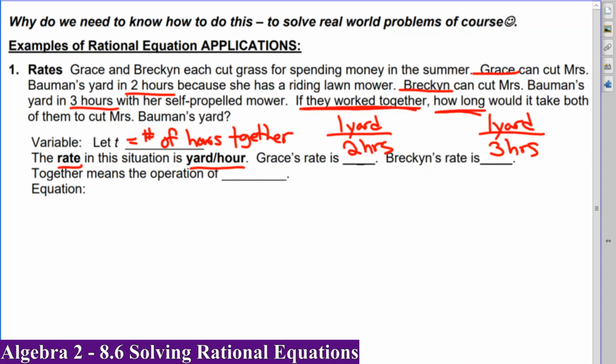So we have our rates, and we need to understand that the word together means them added together. So we think of it as this.